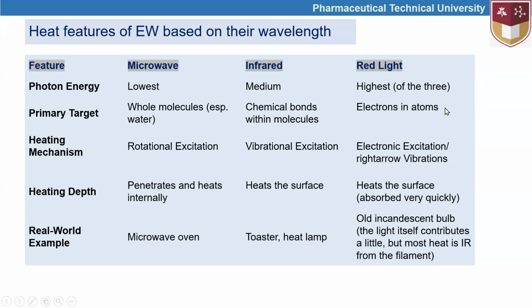Based on this comparison, we can understand that visible light and some higher electromagnetic spectrum like ultraviolet target electrons as well. Again, microwaves target whole molecules, infrared targets chemical bonds within molecules, and red or visible light targets electrons in atoms.